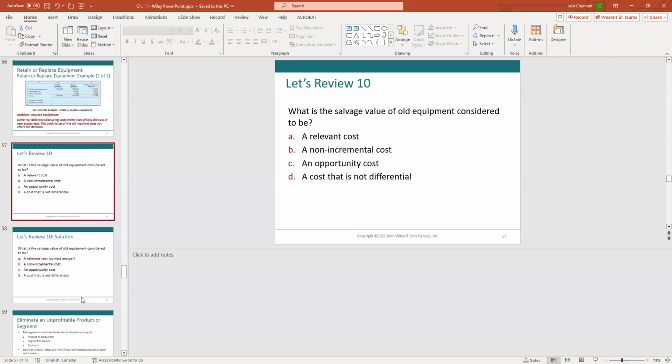Opportunity cost is the cost that you don't have to pay. The salvage value is not a cost at all. Even though it's money that you get, I don't think it's actually a cost. It's more like a relevant revenue that we have to generate.